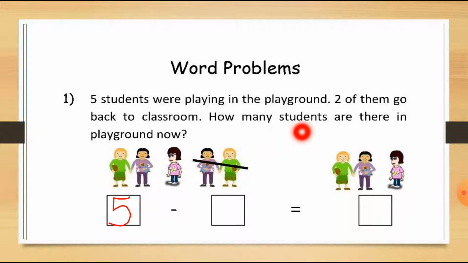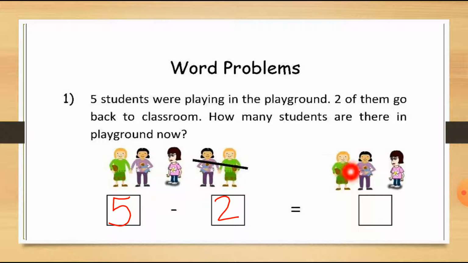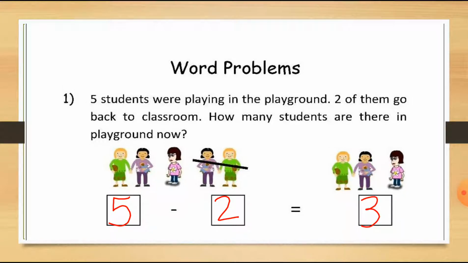And how many go back to the class? 2 students. You can see here I cut the 2 students. So these 2 students go back to the class. How many students are left in the playground? You can count 1, 2 and 3. 3 students are left in the playground. So this way we have to write down the answer.